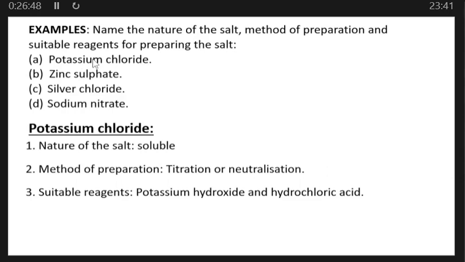Then potassium should come from a suitable base which contains potassium itself, which is potassium hydroxide. So when these two react, they will form potassium chloride. This potassium and the chlorine from hydrochloric acid will give potassium chloride. All right. So let's move on to look at zinc sulfate.